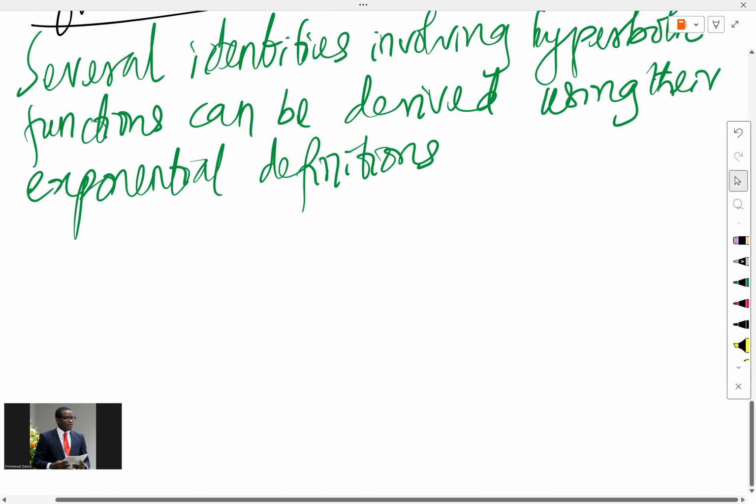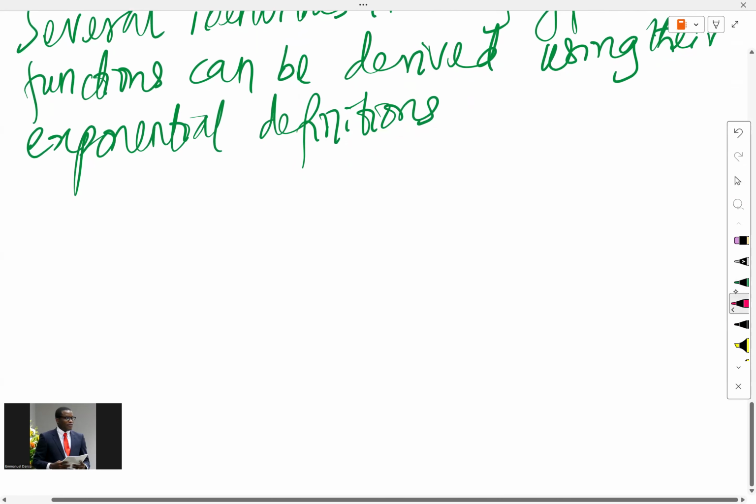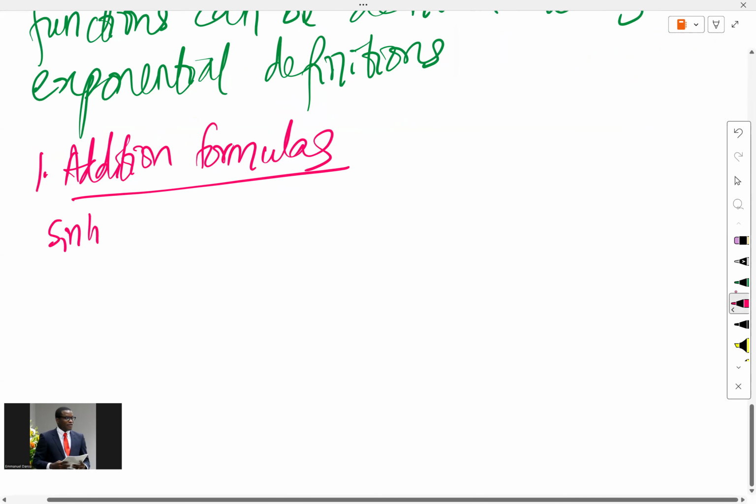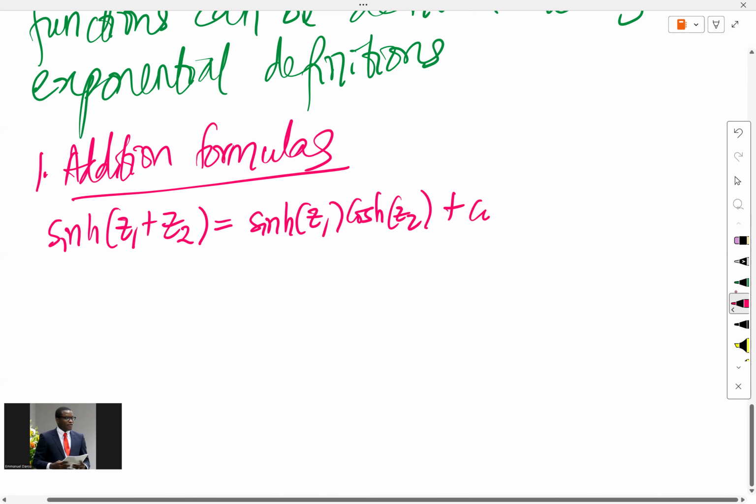So for instance, if we talk about addition formulas, say we have sine of z1 plus z2. Of course, we already know that is sine z1 cos z2 plus cos z1 sine z2.